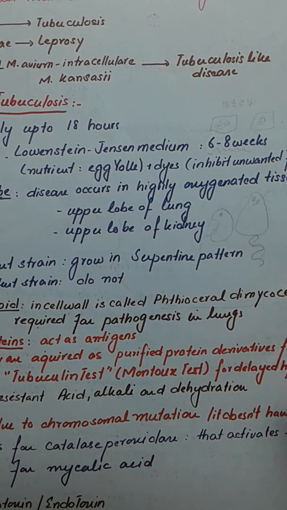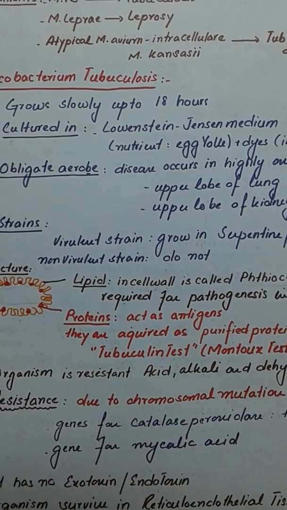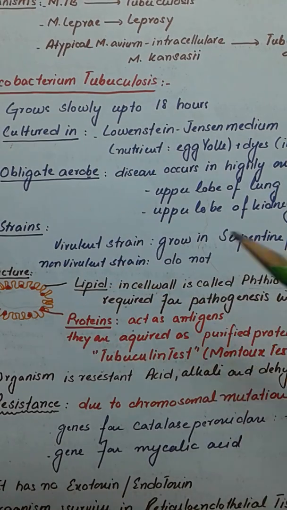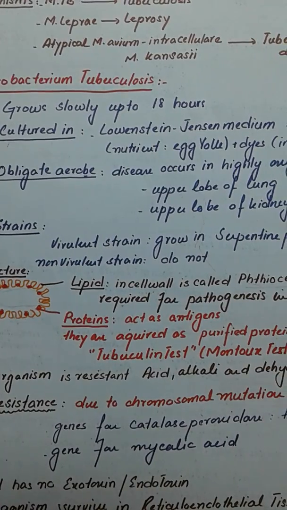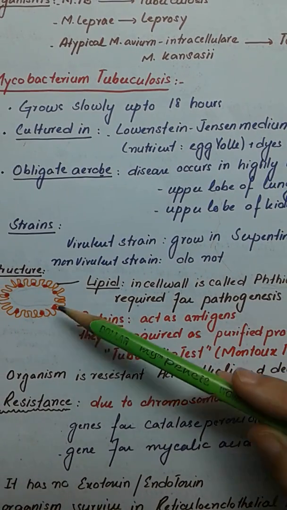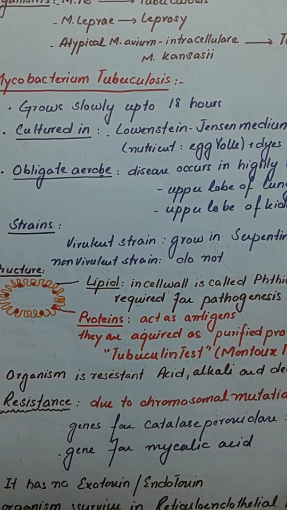Now, it causes diseases basically in the lungs. Apart from that, it also consists of a few proteins that are antigenic markers in order to detect this organism in the body, and these proteins are also used to identify if the patient has or had tuberculosis.